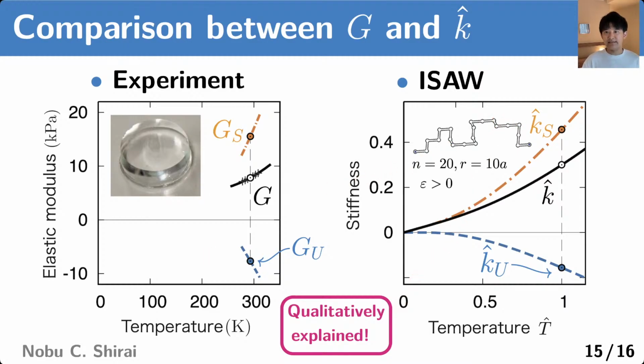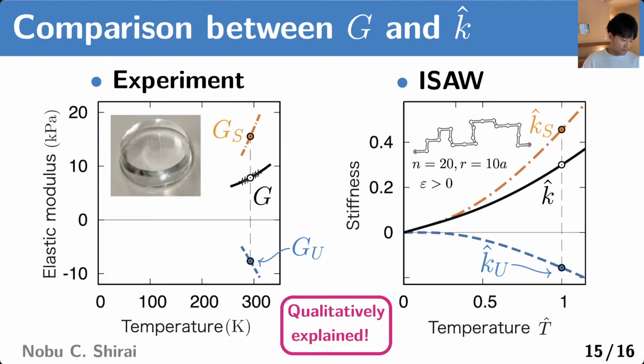And actually this is non-trivial because we only used a single subchain from the polymer network, and we also didn't assume a lot about the chemical details of the polymer chain.